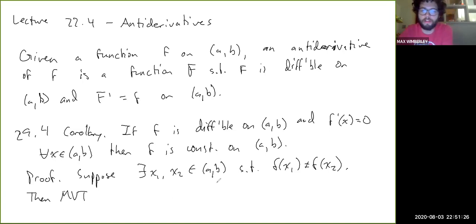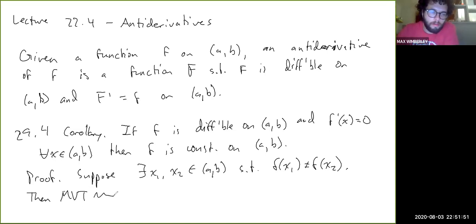And again, when we do this, we're technically applying the mean value theorem to the restriction of the function to the closed interval [x1, x2], like in the lecture question from last time, but we're going to do that all the time. So you don't have to say every time, okay, let's use the restriction. Just in the back of your mind, that's kind of what's going on, right?